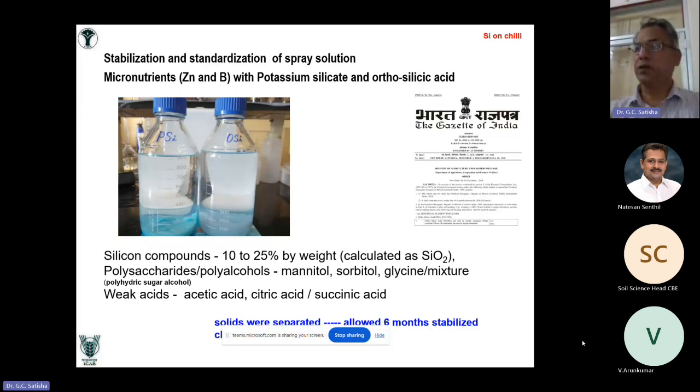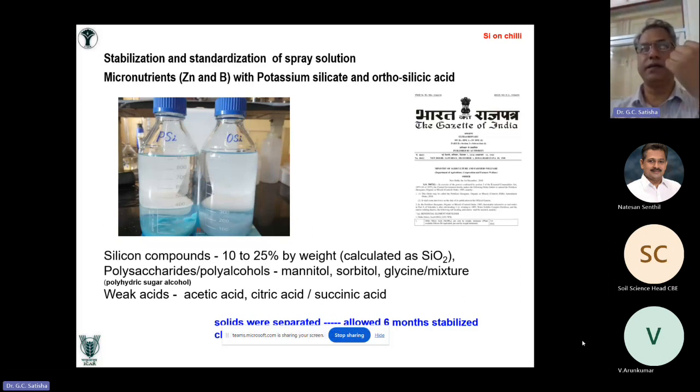So that's why we studied stabilization with different compositions of sugar alcohol with these weak acids, and we put in stabilizing agents, and did pH studies and admixtures, and we have developed some formulations, some usable silicon compounds. Then we have also kept this for separation for 6 months.